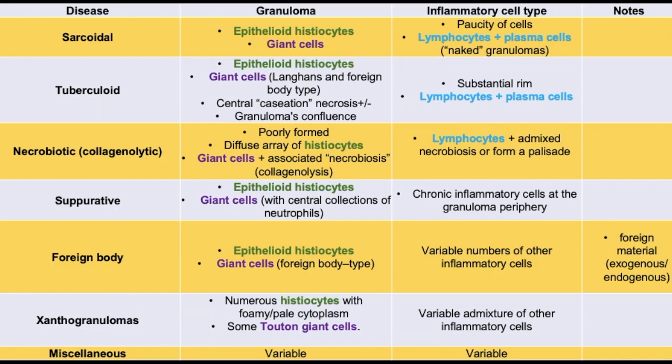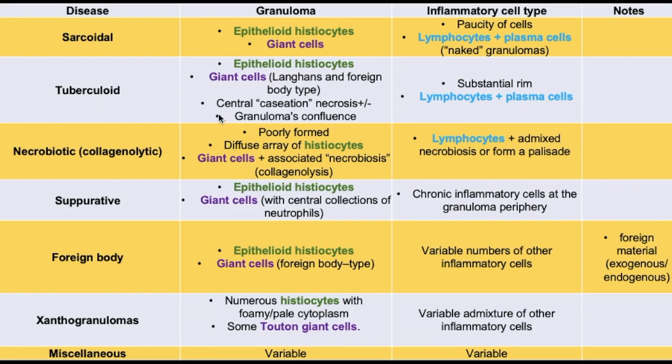So I made this table, adapted from Weedon's chapter, just to show you the different diseases and the main cell types that we see in granuloma formation, along with the inflammatory cell type, and if there is any specific feature.